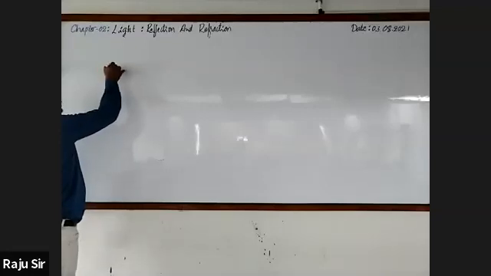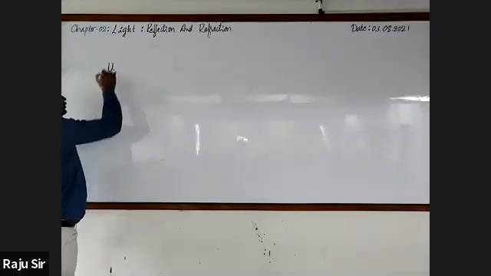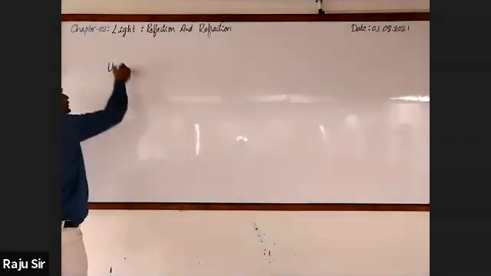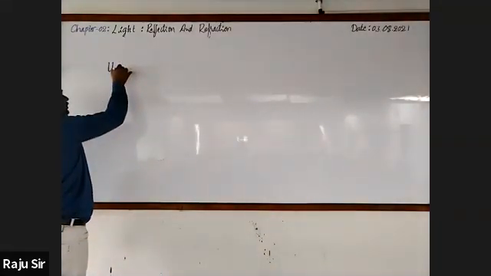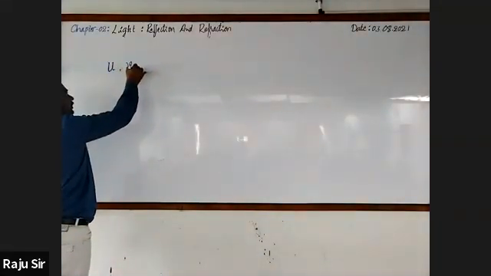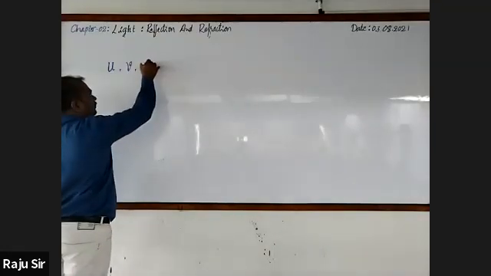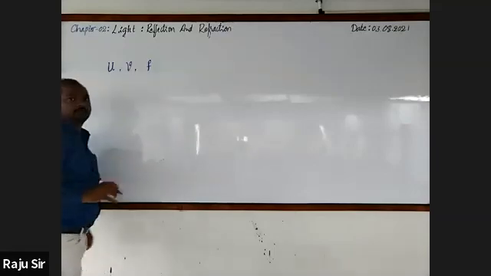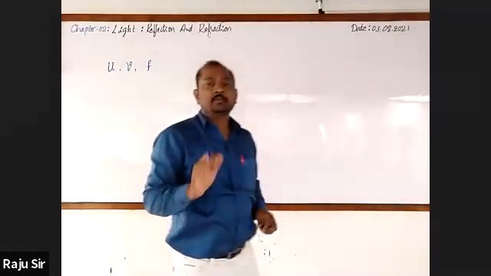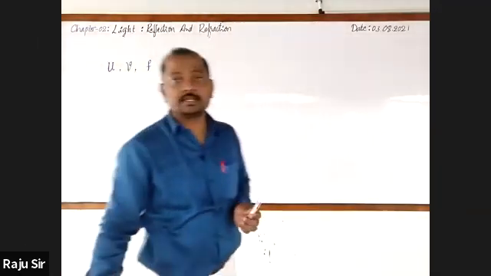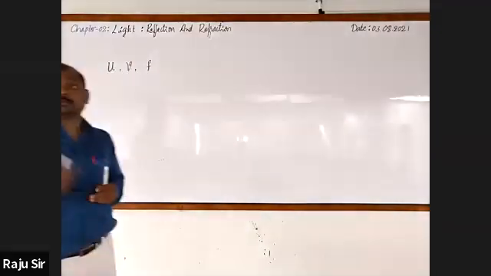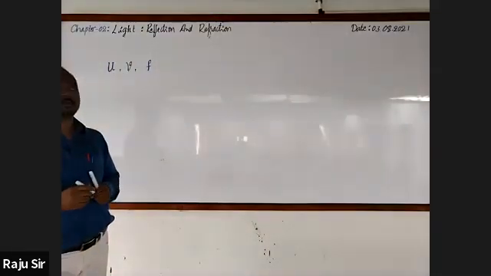What do you call U? Object distance. V is image distance. F is focal length. We have already come to know the relationship among these three with respect to mirrors.